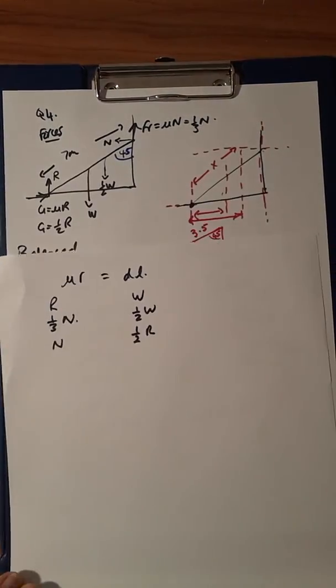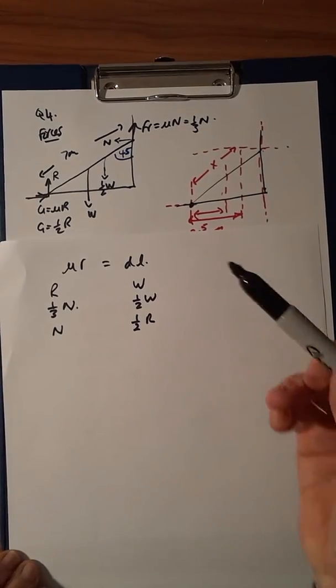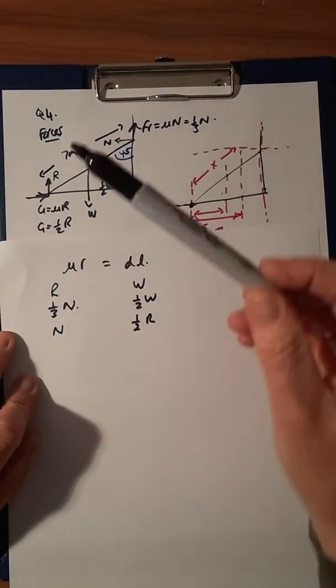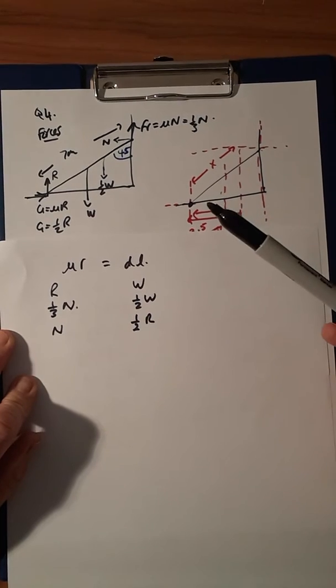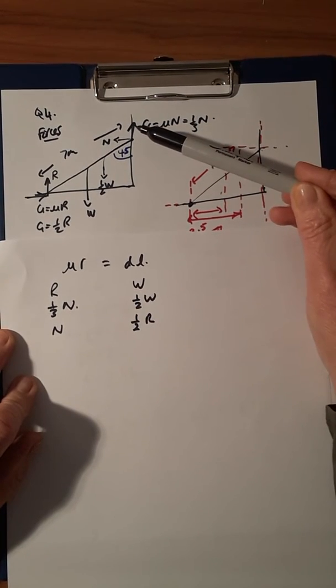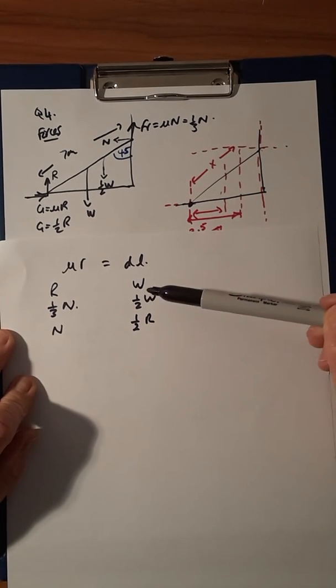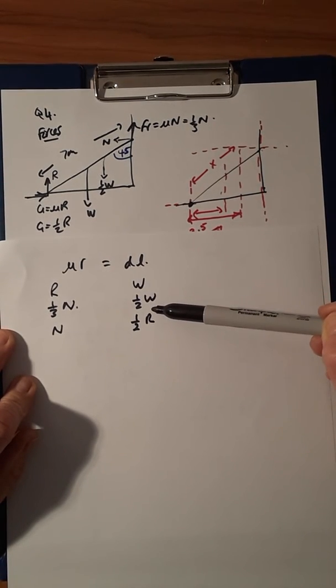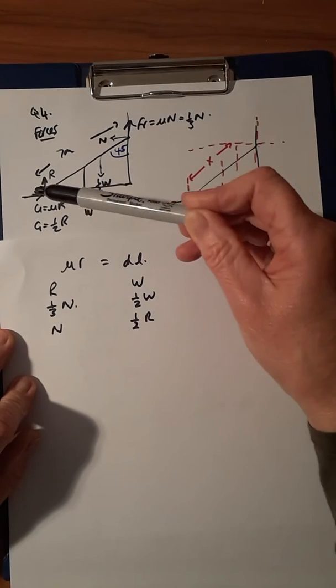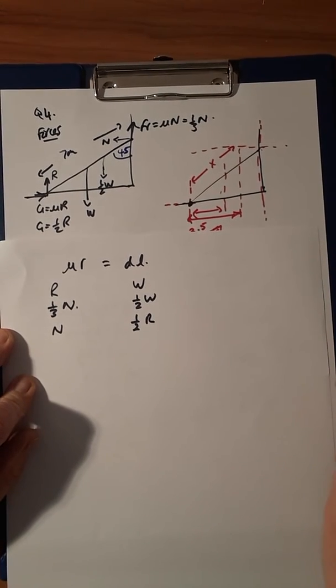So let's just make sure we know that. Can we see that? Up is R, 1/3 N for friction, and from the right is the N force. Down is W, a half W, and from the left is this force, which is the half R.